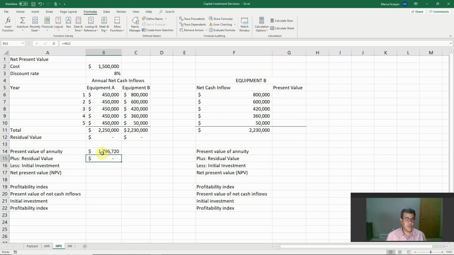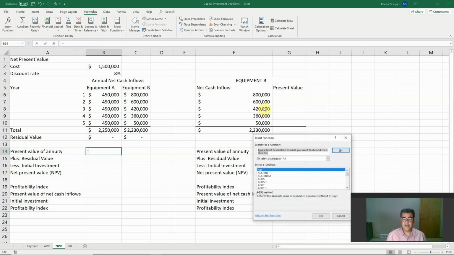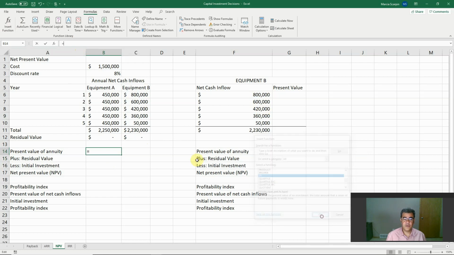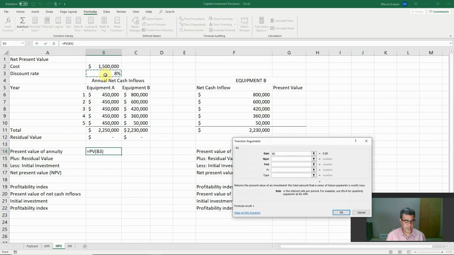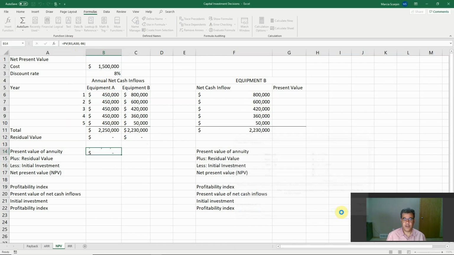And so let's change it here. Let's follow the file. Let's go back again to present value. Rate 8, number of periods 5, PMT negative 450, and leave everything else blank.